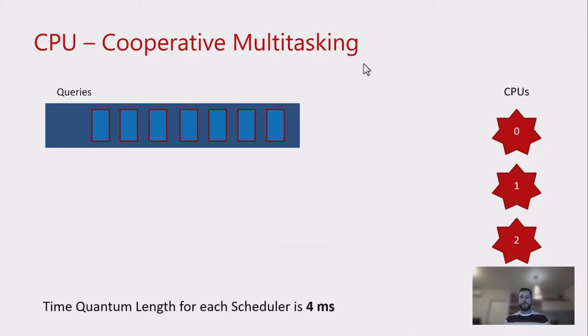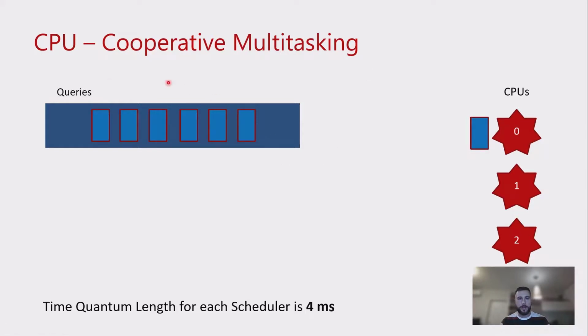For CPU scheduling, SQL Server uses a principle called cooperative multitasking. This is how it works. We have some queries in our queue and we have a bunch of CPUs on the server. A free CPU takes a query from the queue and starts executing.